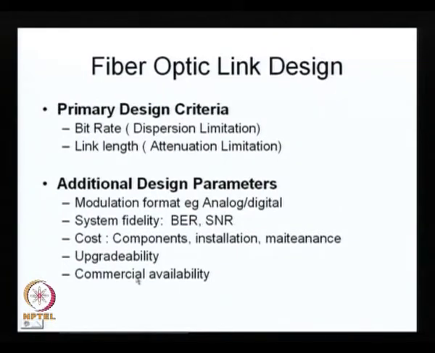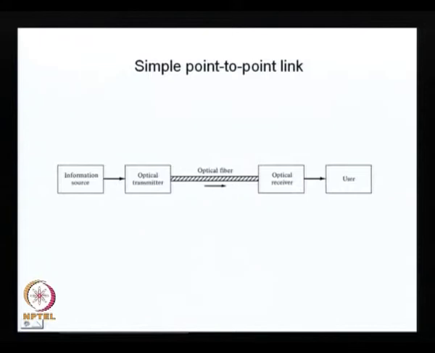Once we get these parameters fixed, then let us consider the simplest possible link, which we call a point to point link. That means essentially we have one location where the information is generated, and there is another location where the information is to be delivered.